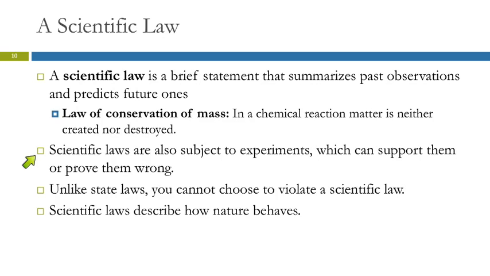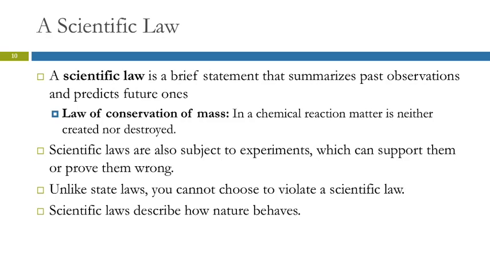Scientific laws can also be experimented upon and tested. And sometimes new developments come up, and we realize, okay, that scientific law is not quite valid anymore. You cannot choose to violate a scientific law. It just says what happens. Occasionally you'll hear about people who apparently tried to defy the law of gravity, and they'll jump off a building.